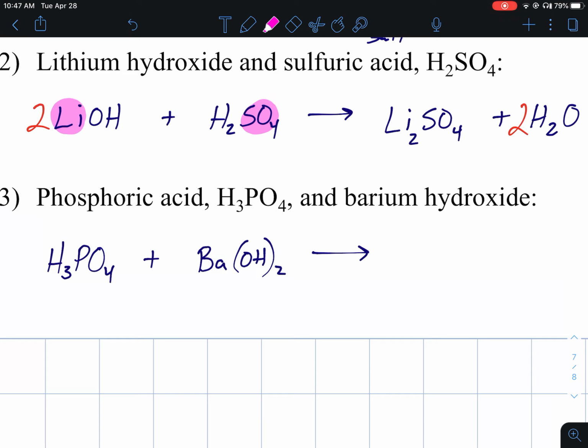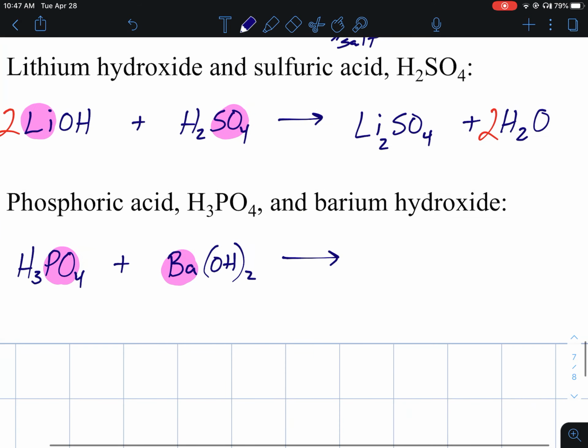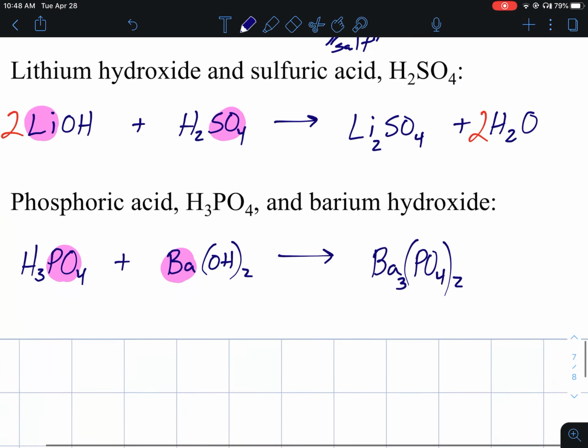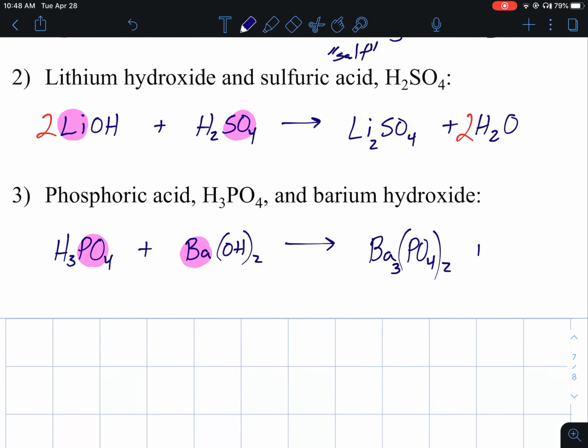Well, hydrogen is not going to be the metal, the barium is going to be the metal, and the phosphate is going to be your negative ion. So you're going to get barium with phosphate, right? Look at the charges now. Barium is +2, phosphate's -3, so that is not going to work as written. So we need to cancel our charges out. However you do that, either you do it mathematically or you crisscross the charges down. It's up to you. And then we're going to get water.